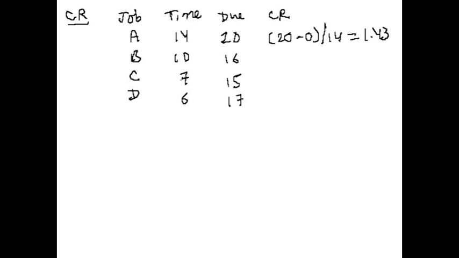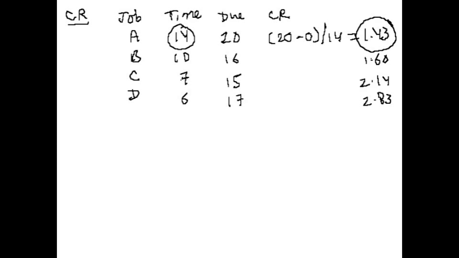If you do the same calculation for the second one, you should get 1.60, and then 2.14 and 2.83. So you can see the first one is lowest. So job A obviously has the lowest critical ratio. Therefore it is scheduled first and will be completed in 14 days.